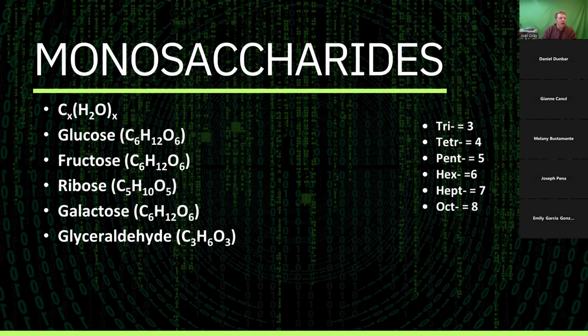Now, I said we would typically use between 3 carbons and 6 carbons. A fair question is why. Well, most of the time sugars are going to cyclize. They're going to form ring structures. And what do we know about ring structures? Could anyone tell me what are the more favorable sizes of ringed molecules?